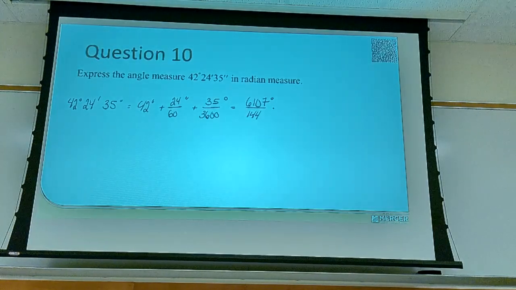And now multiply by your conversion factor. Sadly, 6107 has nothing in common with either 144 nor 180. 144 times 180 is 25,920.